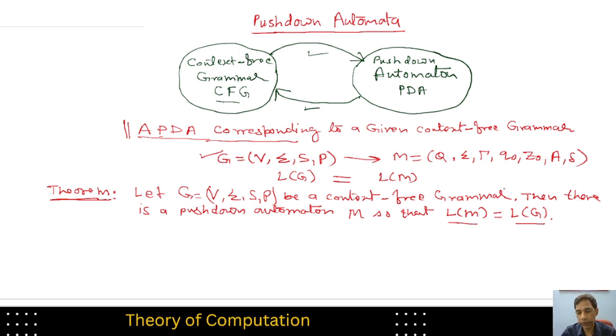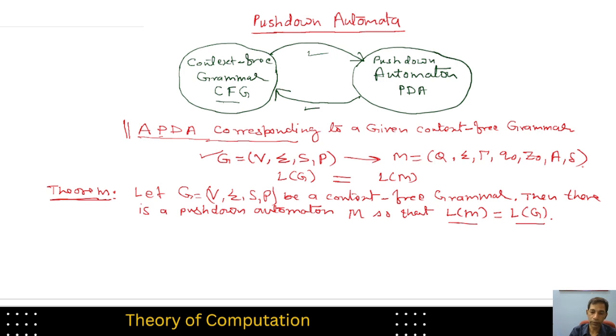So converting the context-free grammar into the PDA means we have to show what the states of the PDA should be, what symbols we can store on the stack, which of the states from the given Q is the final state, and what the transition function of this PDA should be, so that the language accepted by the PDA is the same as the language generated by the grammar G. So this we need to obtain.